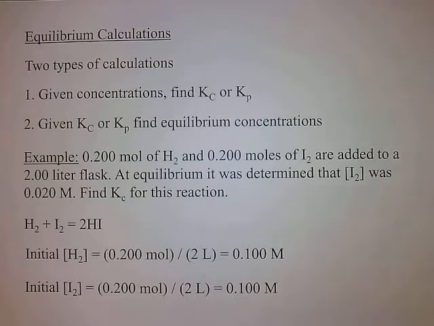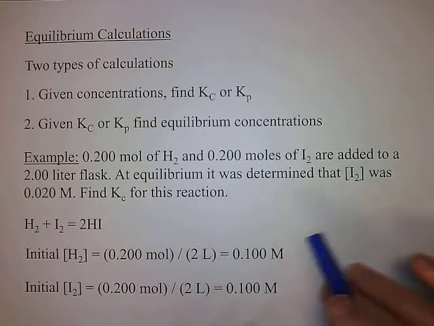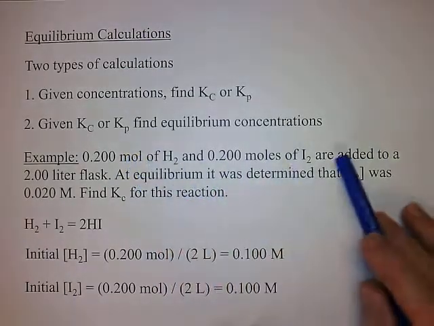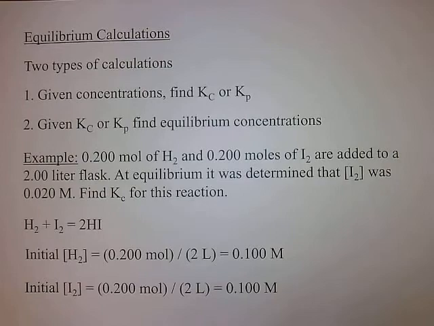So everything has to be moles, or everything has to be molarity. And in the end, you could work it off moles, but at the end you will have to convert it into concentration to get the final equilibrium constant. So it's easier to just do it from concentration. So convert the number of moles into a concentration.